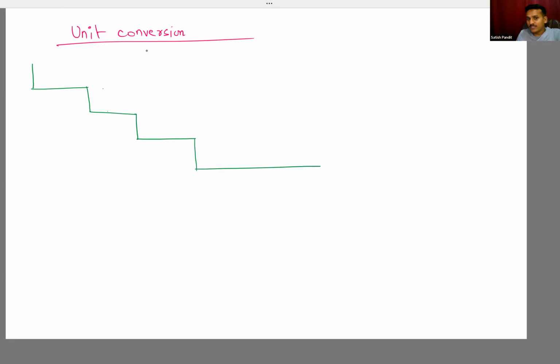This is another step which I've drawn big. I'll tell you the reason why I've drawn this step as a very big one. This is another step. So here I have these steps.